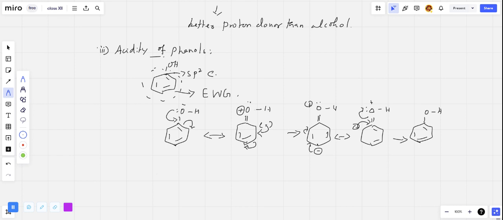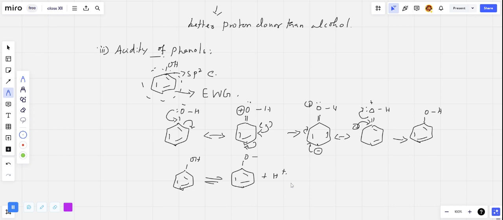So that means it's a phenol, and it will be like this. Actually it's due to resonance: O minus plus H plus. Due to resonance, oxygen acquires the positive charge, thus facilitating the release of H plus.